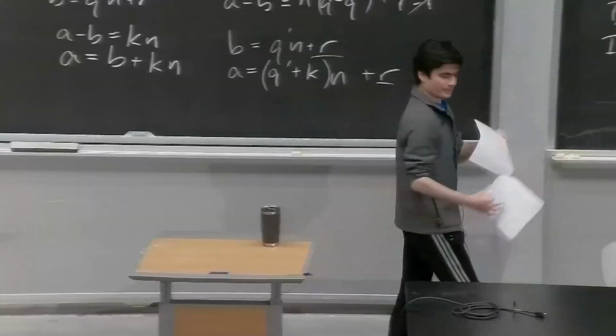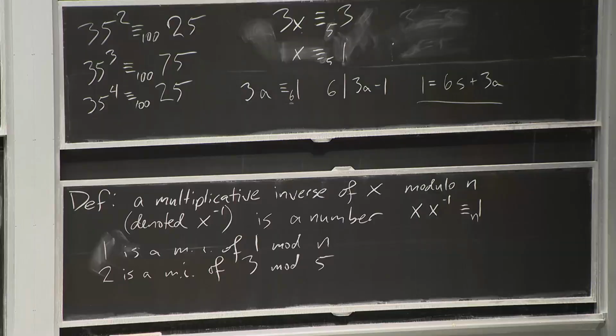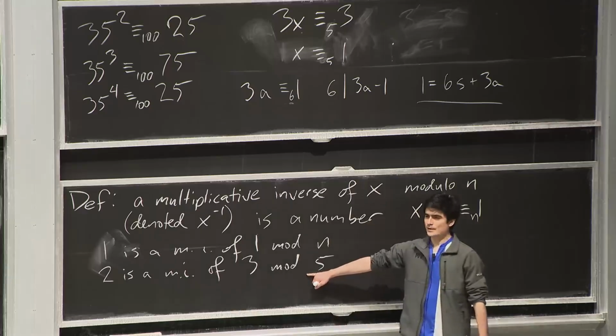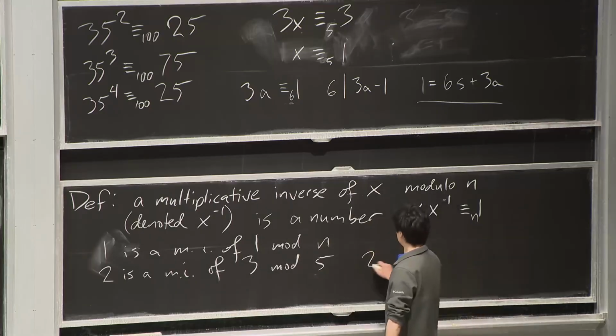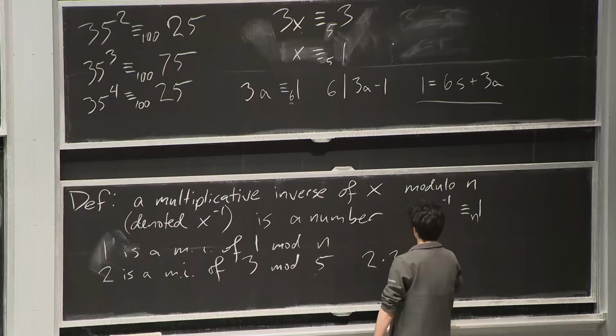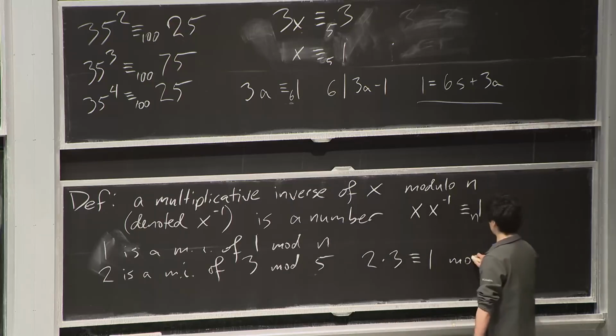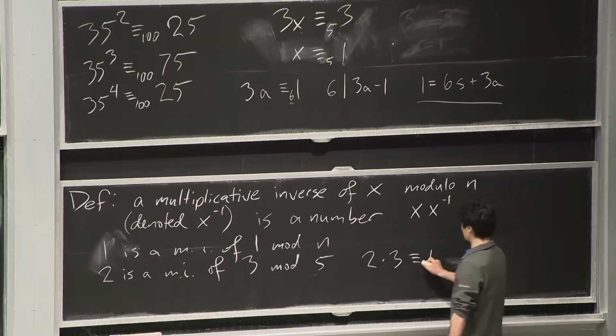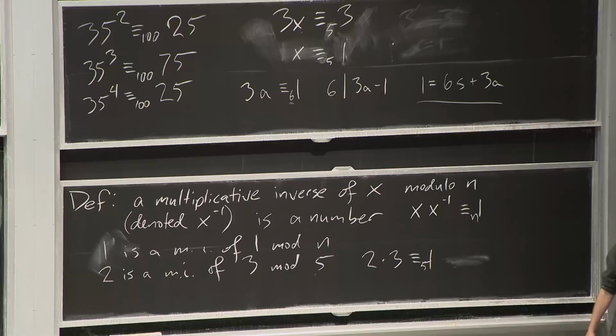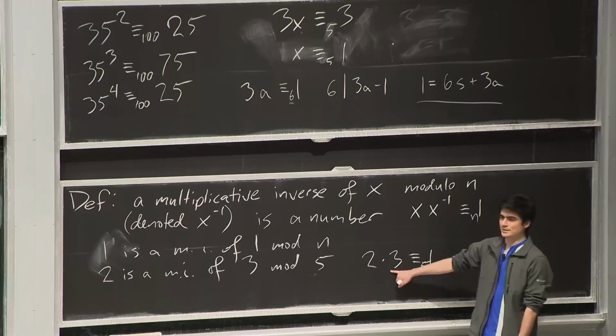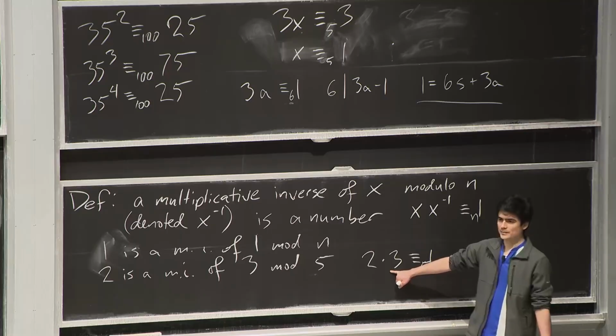What this is saying is that 2 times 3 is congruent to 1 modulo 5. 2 times 3 is 6, and 6 is congruent to 1 modulo 5.